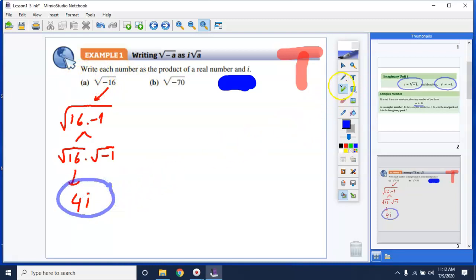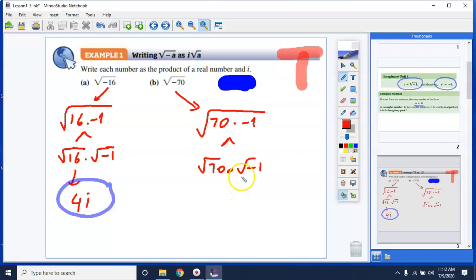That's my first answer. Let's have a look at the second one. Square root of 70. I can write this one as 70 times -1. Let's separate them. It's going to be the square root of 70 times the square root of -1.